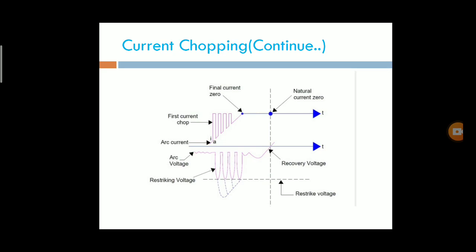The only possibility is the conversion from electromagnetic to electrostatic form of energy, that is, the energy stored in the inductor will discharge into a stray capacitance, with a voltage proportional to i, the instantaneous value of arc current where the chop takes place.